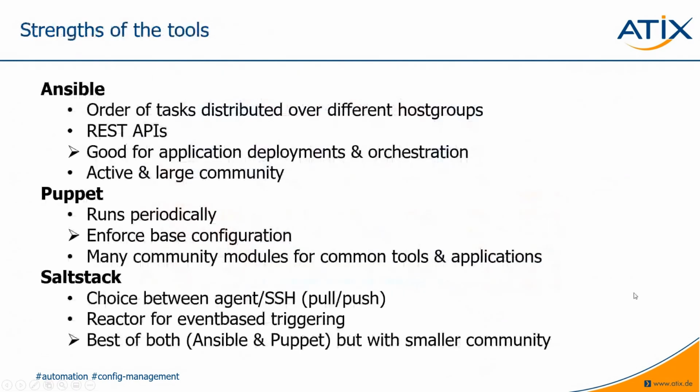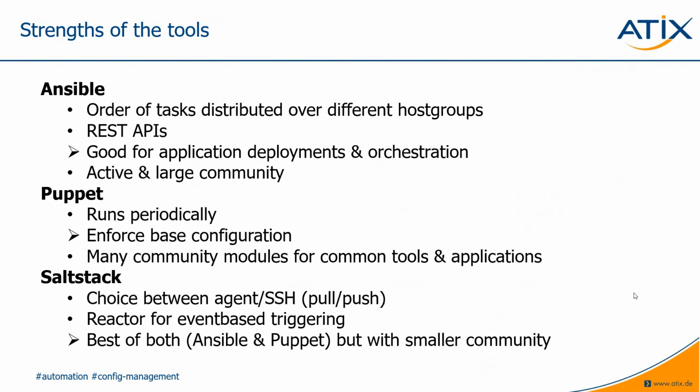So if I have a look at Ansible, the Ansible advantage is that I can run tasks distributed over several host groups and use this, for example, to install a Kubernetes cluster, something where the ordering is very important. Because first I have to set up the first host, then connect the other hosts which are needed for the control plane, and then take in all those worker hosts.